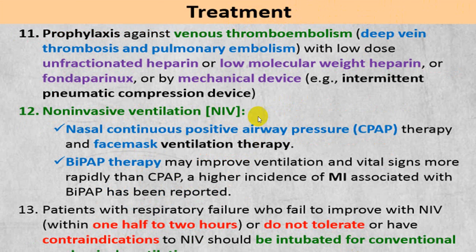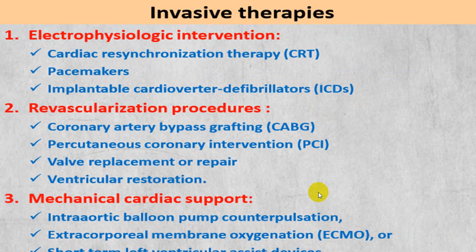Non-invasive ventilation can be useful in some conditions, particularly in a person who has severe hypoxia. Then CRT, ICD, implantable cardioverter defibrillators, can be useful, particularly in a person more prone to develop VT, VF and dangerous cardiac arrhythmias.